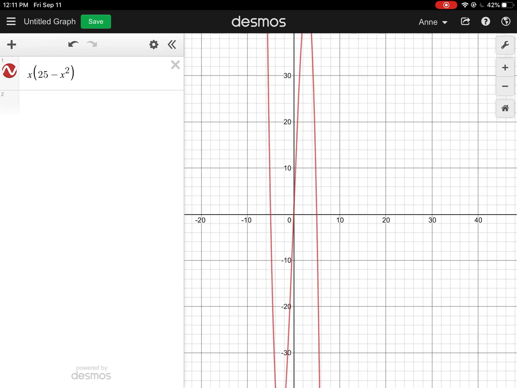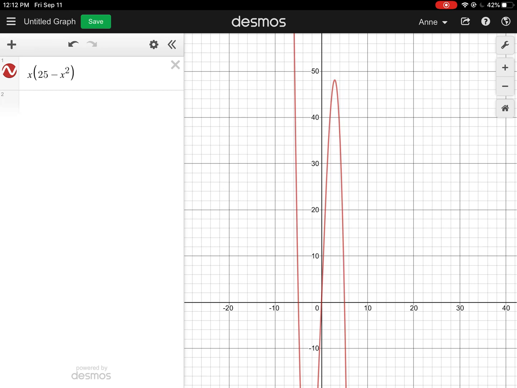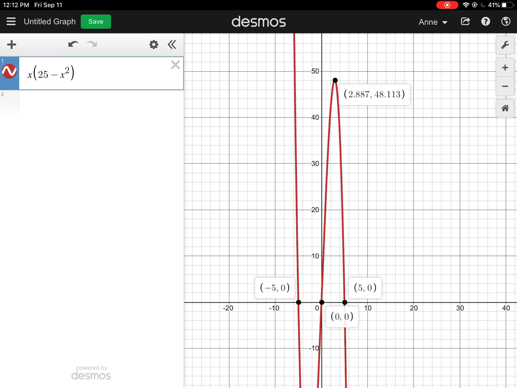So I did a decent job. I didn't go low enough or high enough. But notice my side lengths can't be negative and my area can't be negative. So the only place where the area is positive, this is a graph of the area, is on the left-hand side of negative 5 and in between 0 and 5. But since my x-coordinate can't be negative, I'm only worried about between 0 and 5.